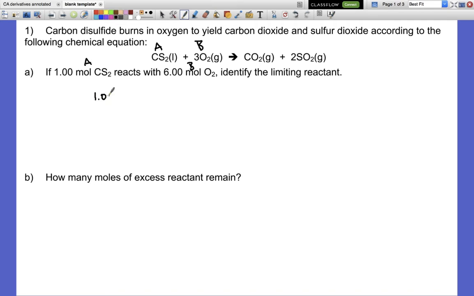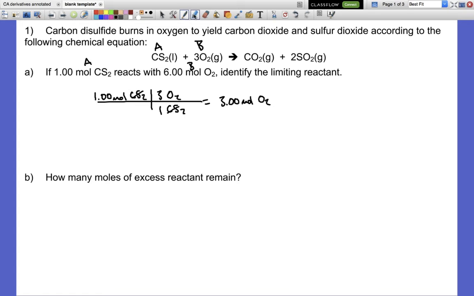1 mole CS2 should take 3 moles of oxygen to react with 1 mole of that CS2. So that cancels labels there, and I have an answer of 3 moles of oxygen. Again, it's supposed to have sig figs here, so I should probably make it 3.00 moles of oxygen.